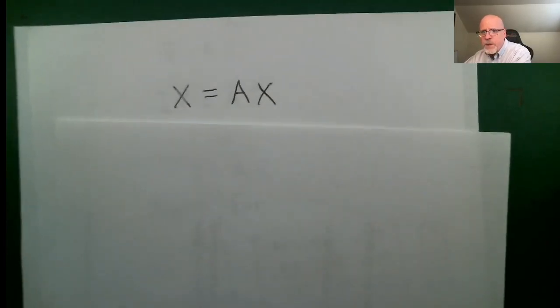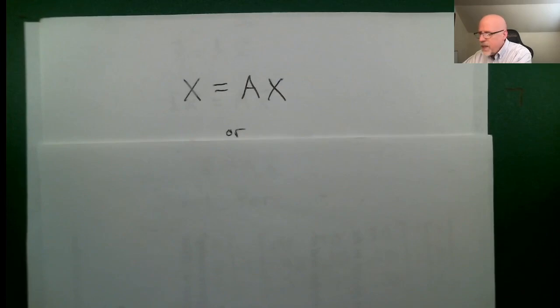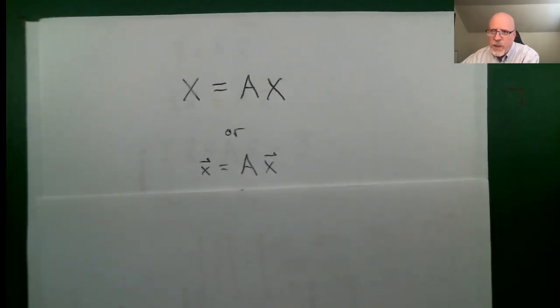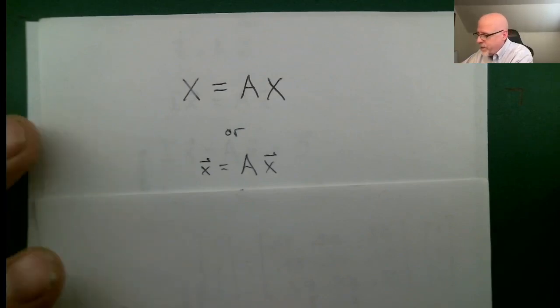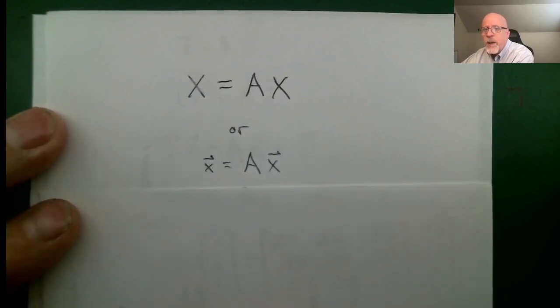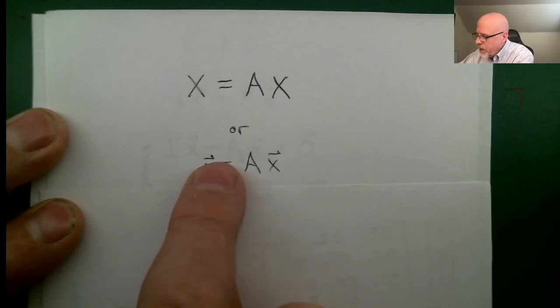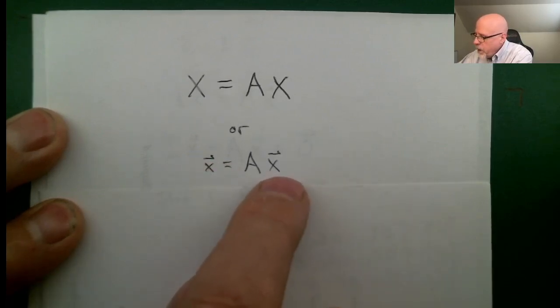So I've pre-prepared some stuff. We start with x equals Ax. Now, I personally prefer to write this in a slightly different way, because the x's in that equation are called vectors rather than matrices. They're matrices with a single column, so we like to decorate them differently so that we can tell they're single-column matrices. We put the letter and then a vector arrow on top of it.